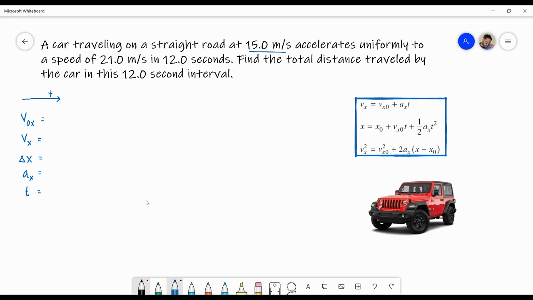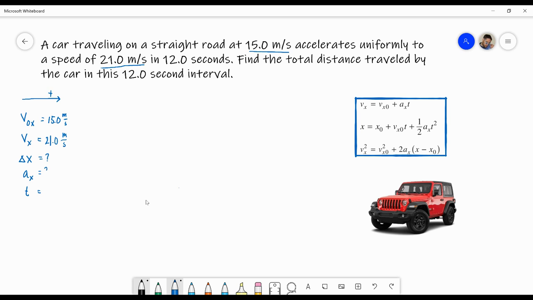This 15 meters per second, that's my starting velocity. This 21 meters per second is my ending velocity. My change in position, I don't actually know what that is.